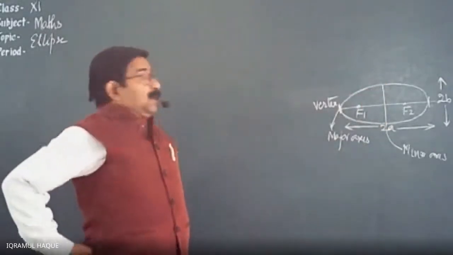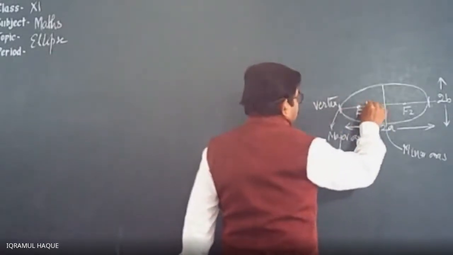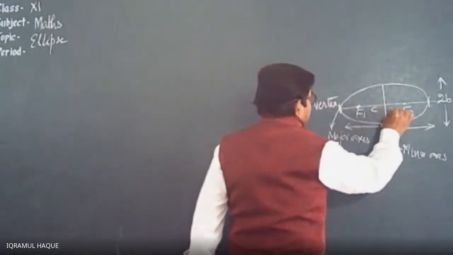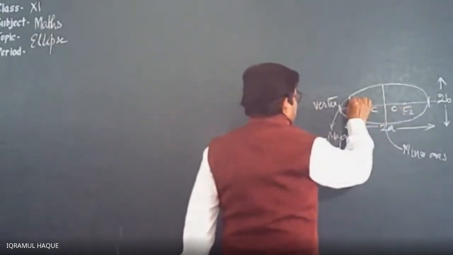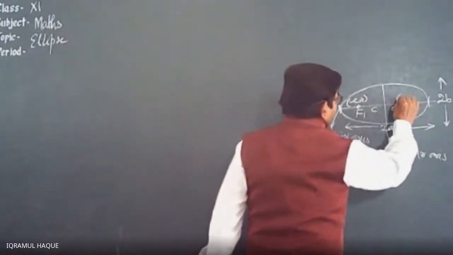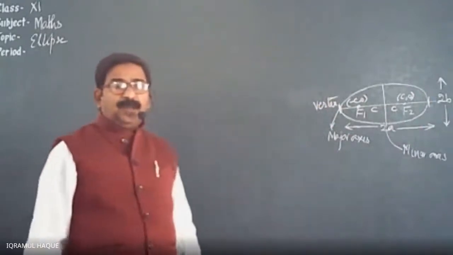This is the focus. Its distance from the origin is c. So this coordinate is (-c, 0) and this one is (c, 0).